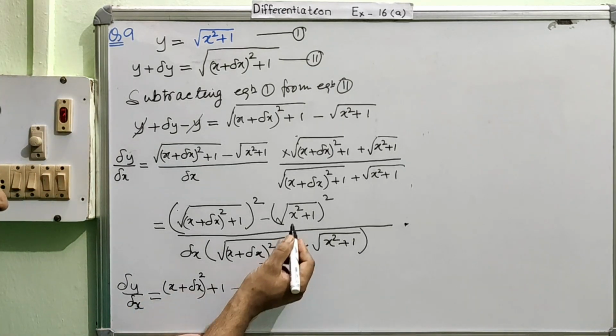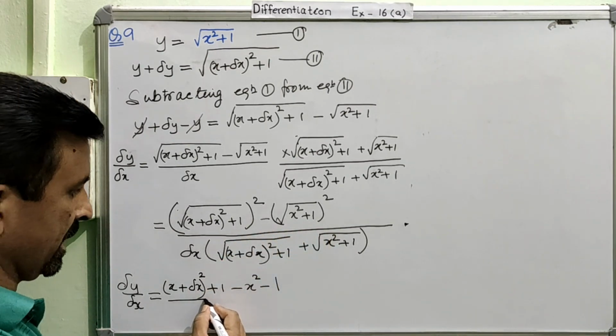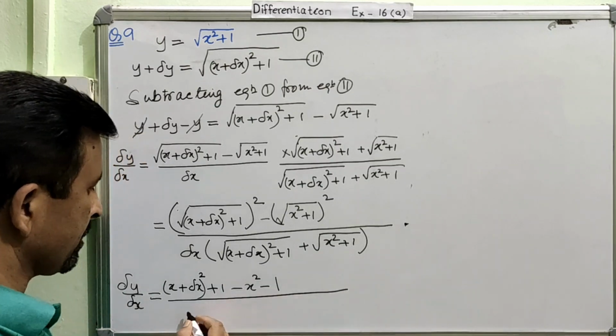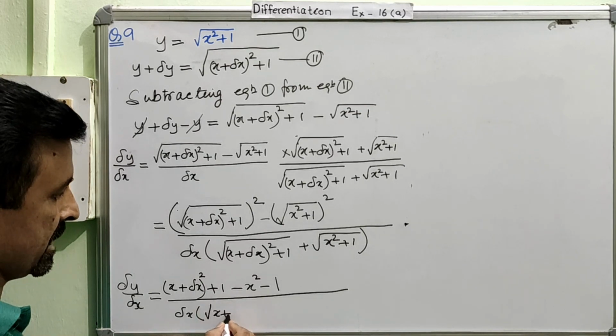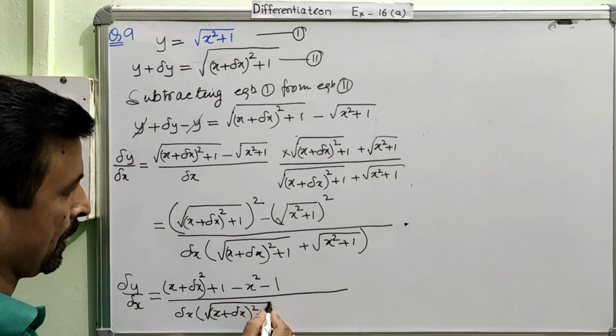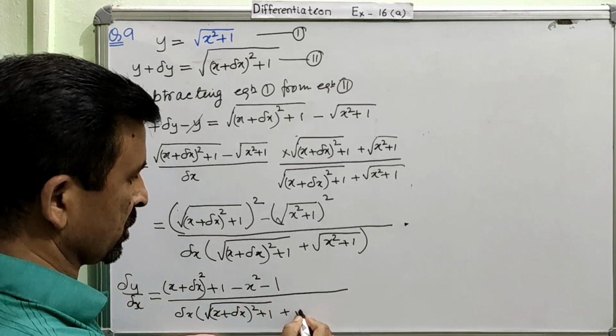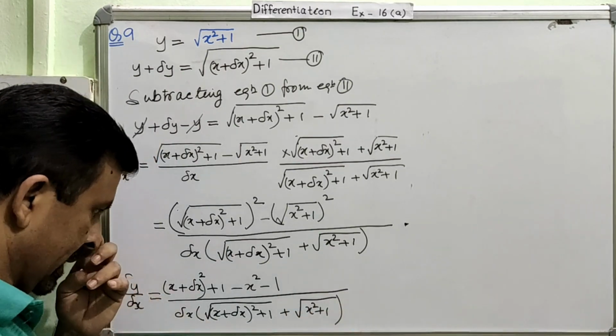Am I understood? Here both the terms became negative because of this minus sign. The denominator is as it is, delta x into root over x plus delta x whole square plus 1 plus root over x square plus 1. Understood?